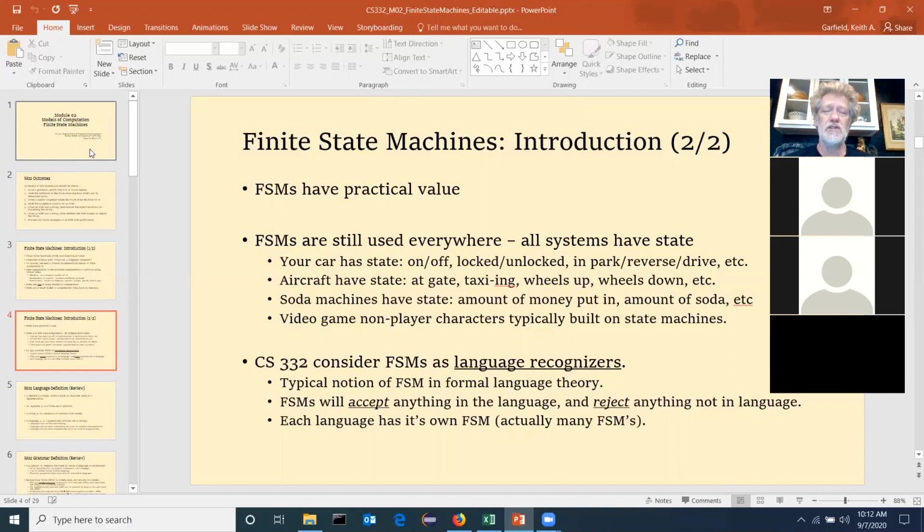Not all state transitions are so clear. A car has some really clear state transitions. On and off, right? You can turn it on and you've gone from the off state to the on state. Occupied and unoccupied. Doors open, doors closed. Doors locked, doors unlocked. All of these are very clear states. What about when you go from 20 to 25 miles an hour though?